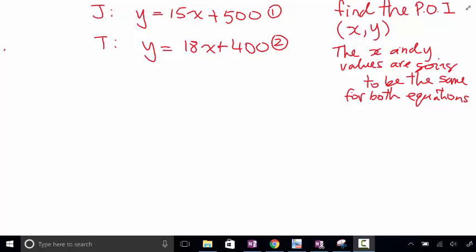Yeah, I could put, what is y equal to again, I said? 15x plus 500. So instead of y, what can I put? 15x plus 500. Does that make sense?